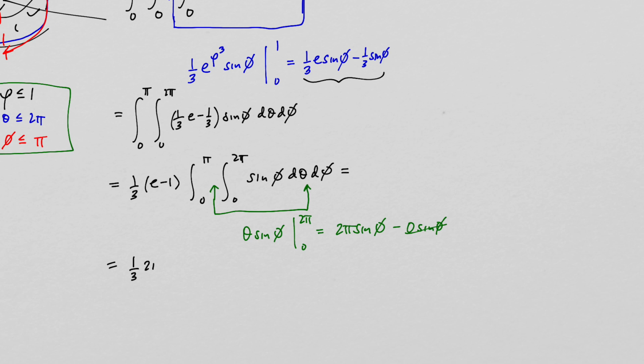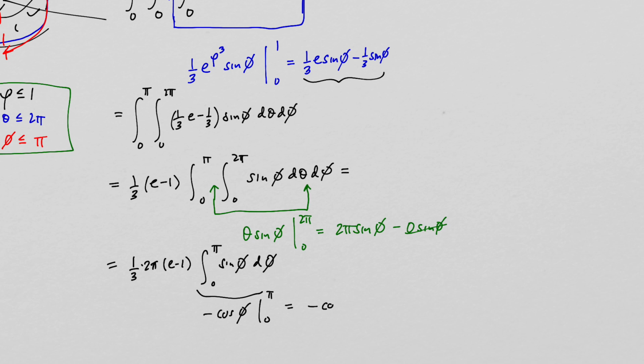So this becomes 1/3, the 2 pi I can pull out. E minus 1 is already pulled out, and now I have the integral from 0 to pi of just sine of phi, d phi. And this last part here, integral of sine is just negative cosine. And we go from 0 to pi.